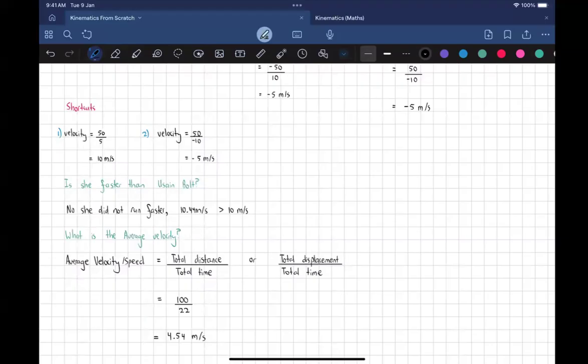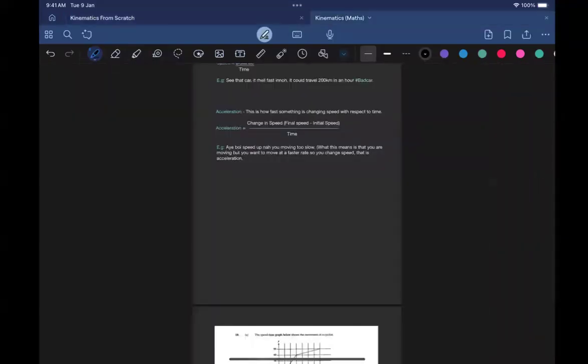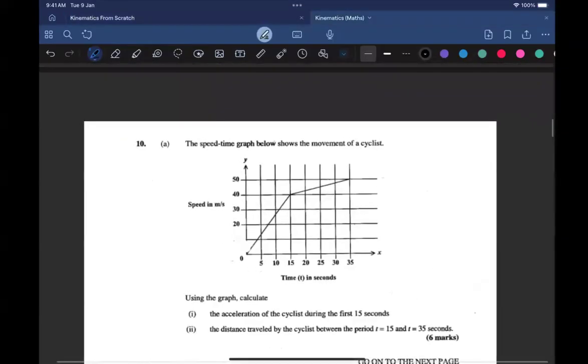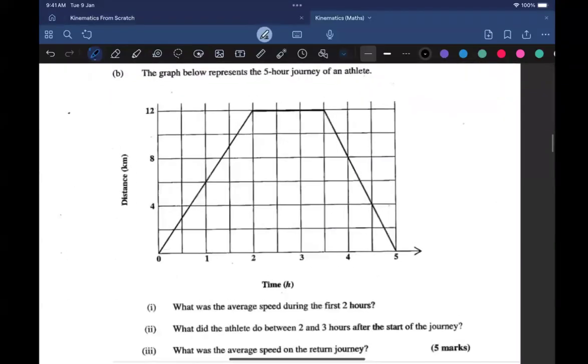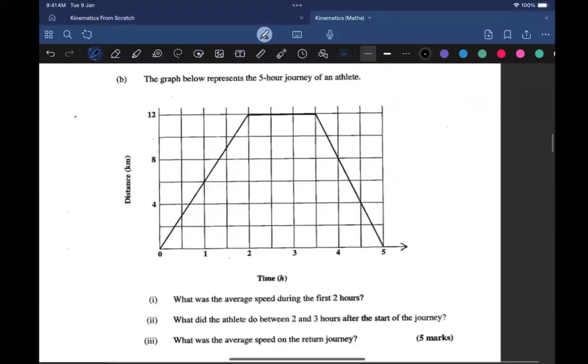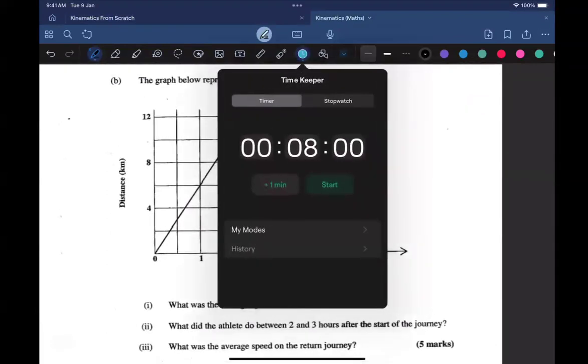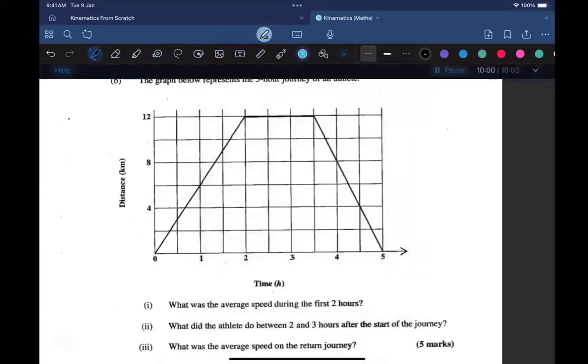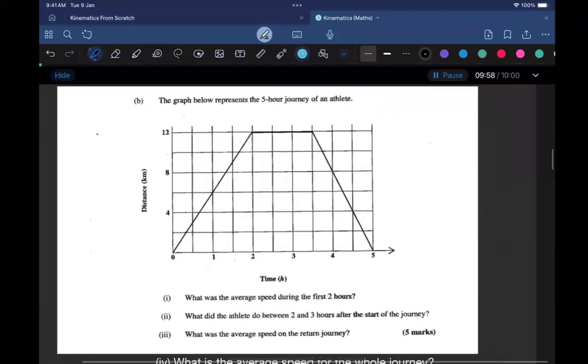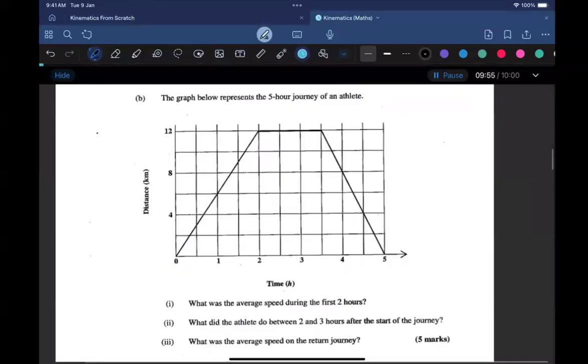Finished. Okay, cool. Time to give you some questions to do. All right, I want to let you try this question here. Give me about 10 minutes. Begin.